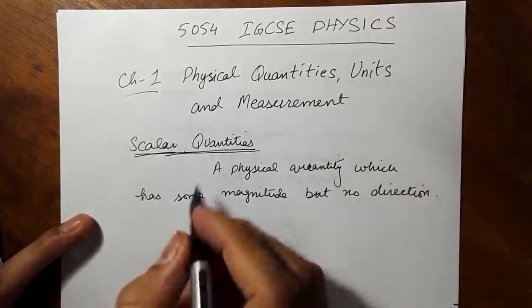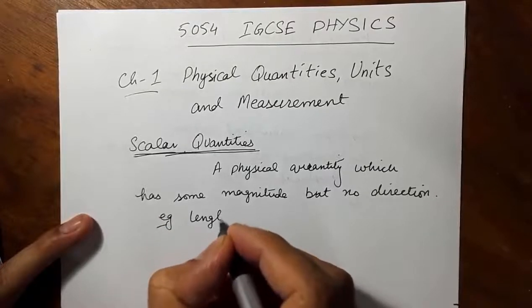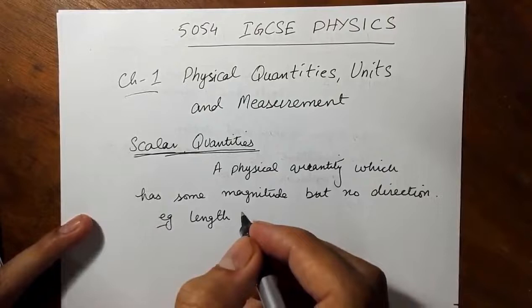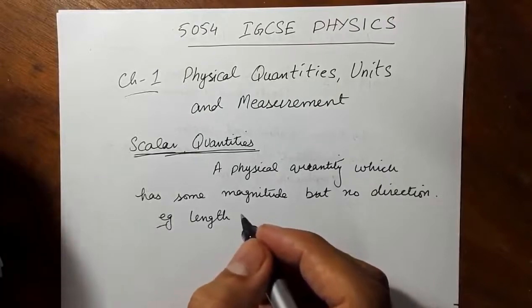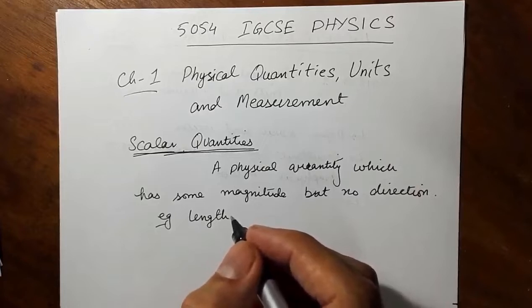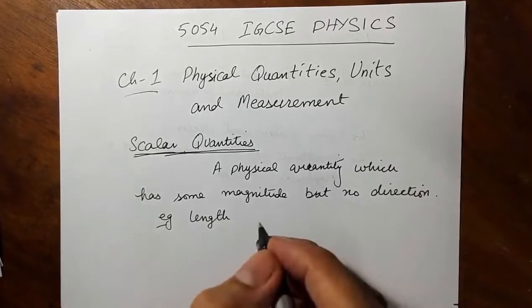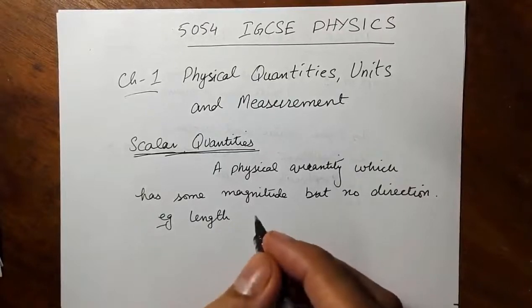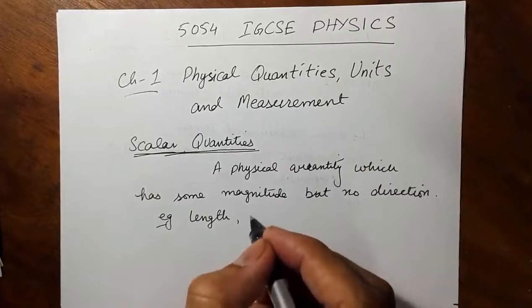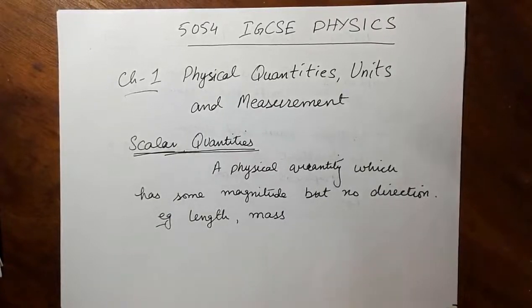For example, length. We can measure the length. Let's suppose we can say that the length is 5 centimeter, 10 centimeter, 15 centimeter, but we cannot determine what is the direction of the length. So length is a scalar quantity. Next is mass. We can measure the mass but we cannot determine its direction.